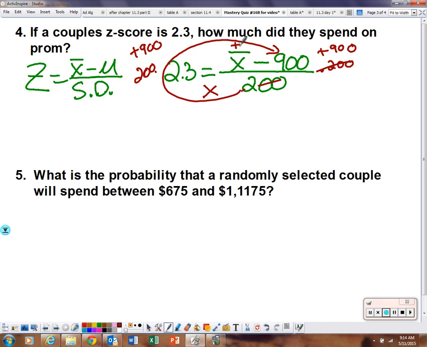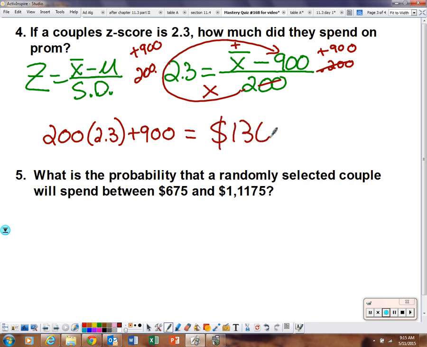So take 200 times 2.3 and add 900. So 200 times 2.3 plus 900. Wow, that's a lot of money. So if we randomly pick someone and their z-score is 2.3, that means in this instance they spent $1,360 on prom.